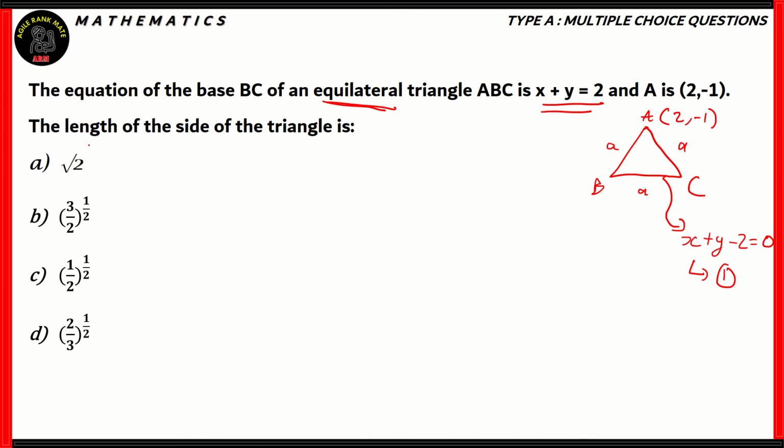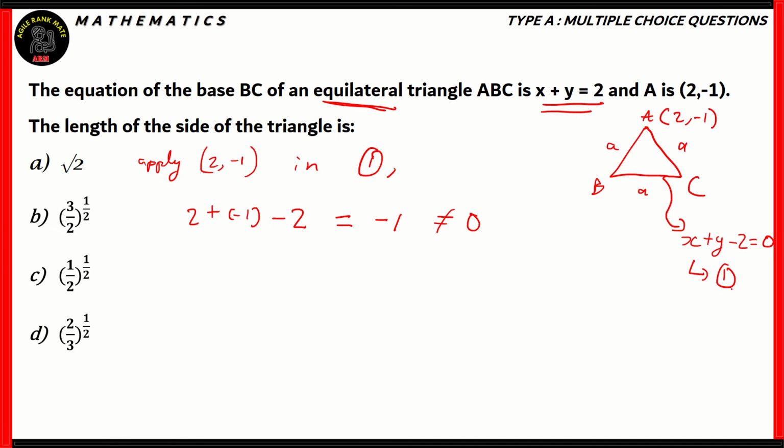Now, we will apply the coordinates of A to the equation of BC in order to confirm that we have a triangle. So apply (2, -1) in equation 1: 2 plus minus 1 minus 2 equals, well, 2 minus 2 is 0, minus 1 is minus 1, which is not equal to 0.